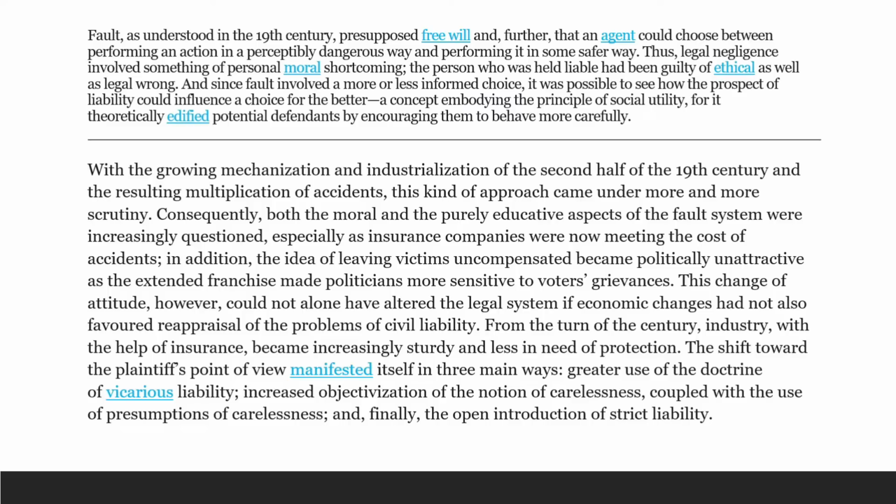The shift toward the plaintiff's point of view manifested itself in three main ways: greater use of the doctrine of vicarious liability, increased objectivization of the notion of carelessness, coupled with the use of presumptions of carelessness, and finally, the open introduction of strict liability.